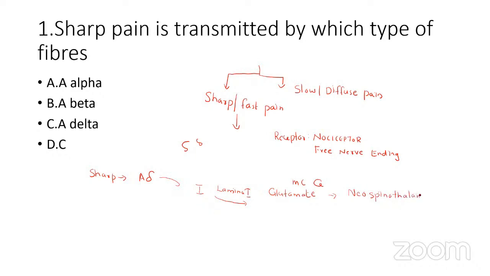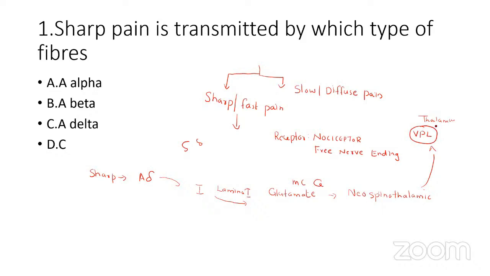And this one finally goes to the thalamus. Thalamus is the relay center for many sensations, which is the nucleus? Ventro-posterolateral nucleus of the thalamus, VPL, which is very important.